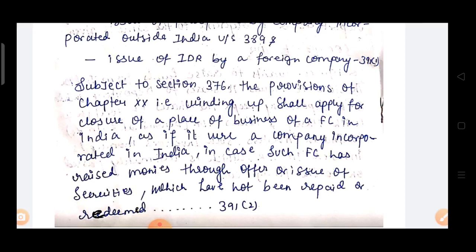So the business of a foreign company in India will be deemed as a company incorporated in India. Keeping that in mind, these winding up provisions will be applicable, and only in case such foreign company has raised money through offer or issue of securities and that money has not been repaid or redeemed, then only it will be applicable.